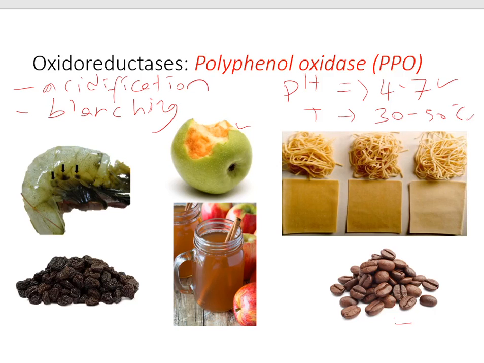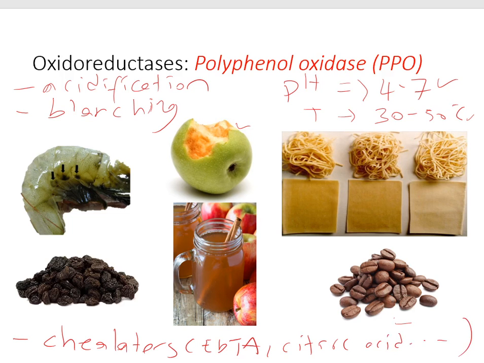Or chelators can be added, such as citric acid. So you are going to remember these chelators from minerals chapters.